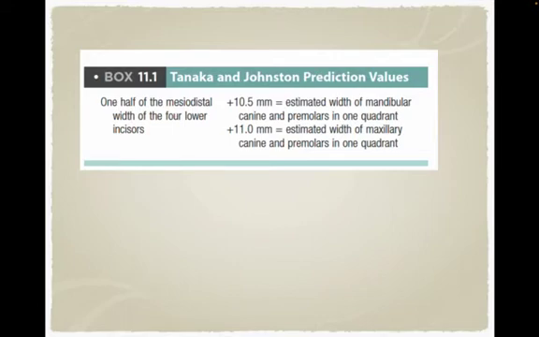Again, they use the mesiodistal width of the lower incisors. You just halve that, and you add 10.5 if you want to estimate the mesiodistal width of the lower 3, 4, 5, or you add 11 if you're doing that in the upper arch. The good thing about Tanaka and Johnston is that if you memorize the equation, you don't need a radiograph and you don't need the table. You can do it immediately.